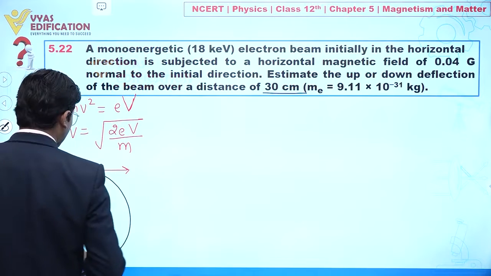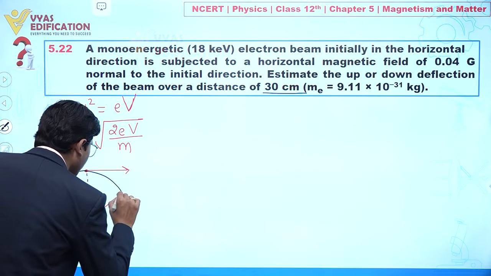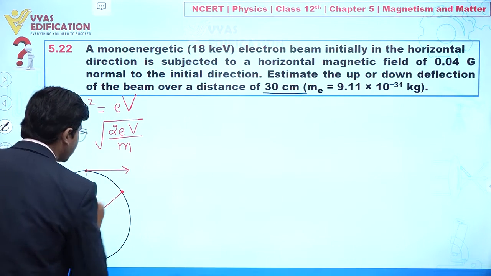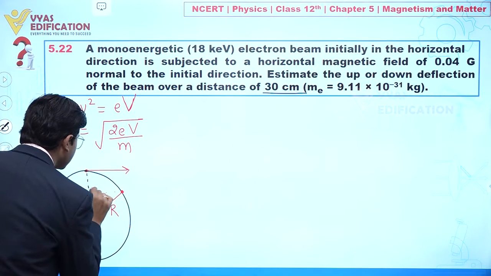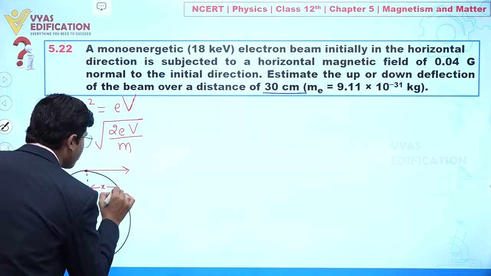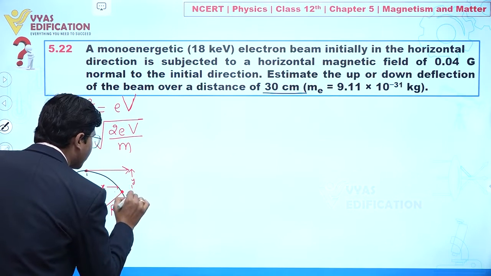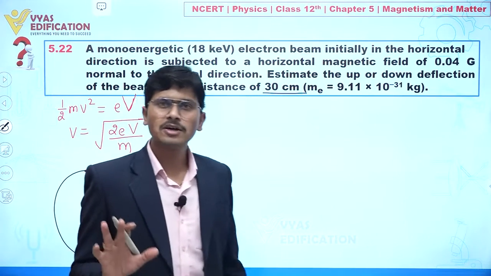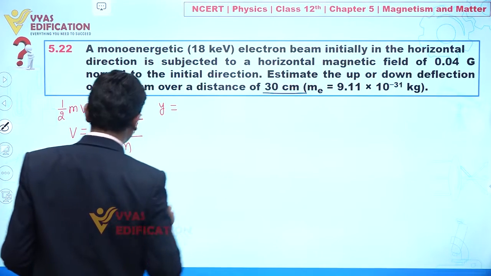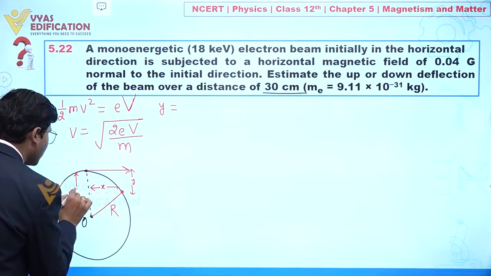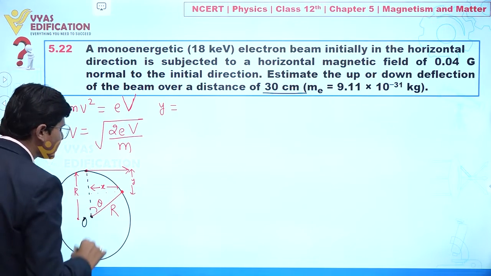Let's suppose after some time this electron is at this position, and this is radius r. Now the distance covered horizontally is x, and let's suppose this vertical distance is y. So overall my objective in this question is to calculate y. Y is given by the total distance r minus r cos theta, where I am taking this angle as theta.